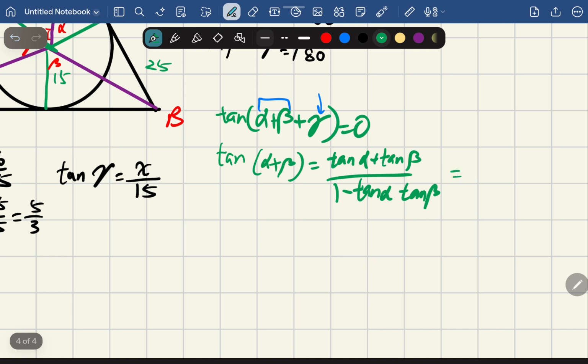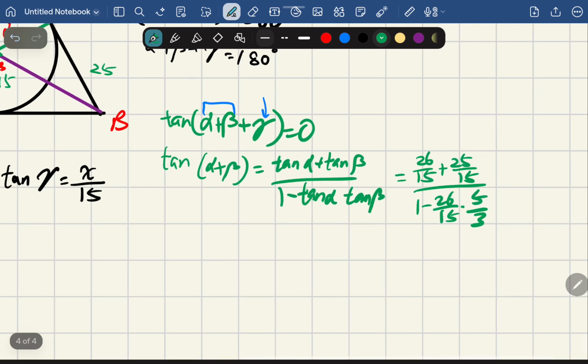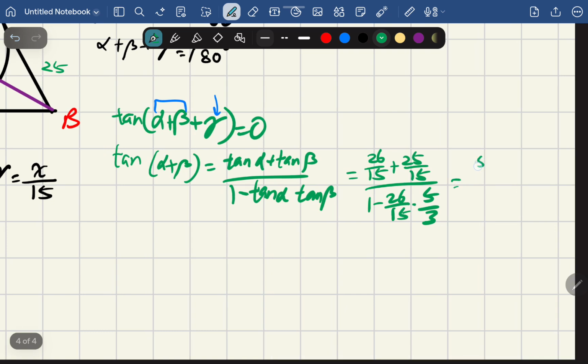And then we plug in 26/15 and 5/3. So what does this give? 51 over 15 down here. So that's negative 17 over 9. So this is negative 9/5.